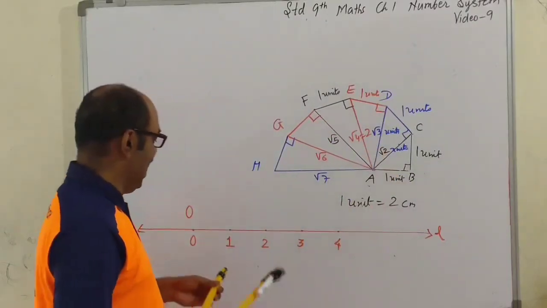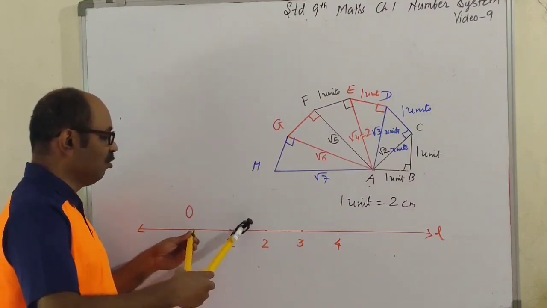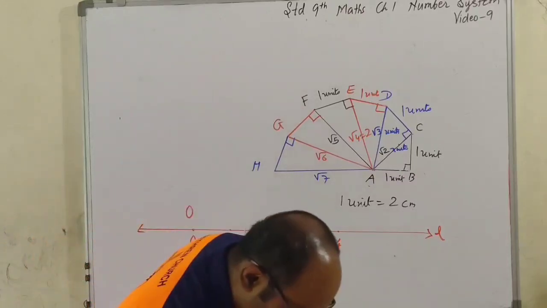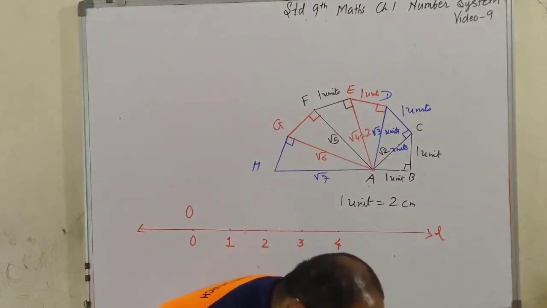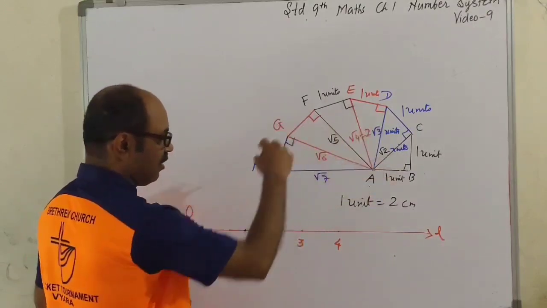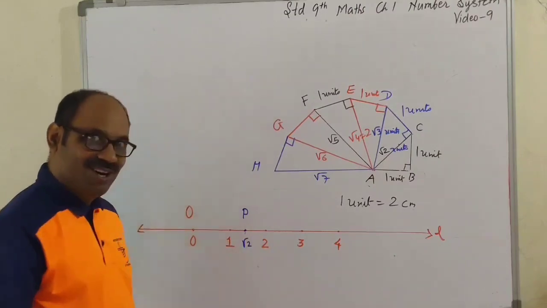Root 2. Yes, take center O and simply draw a small arc. Here it is. Are you getting me? All right. Give this point a name. We have reached H, so call it P. And this is root 2.